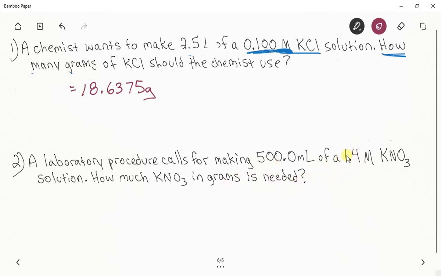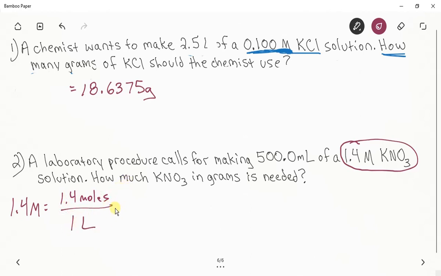So let's look at this 1.4 molarity of potassium nitrate. As you should know by now, a 1.4 molarity means 1.4 moles in 1 liter of water. So we know we need 1.4 moles for every 1 liter of water in a 1.4 molarity. But we're not making 1 liter of water.